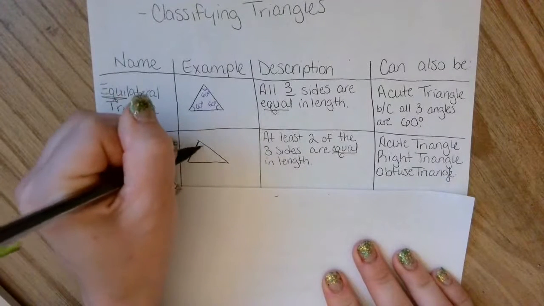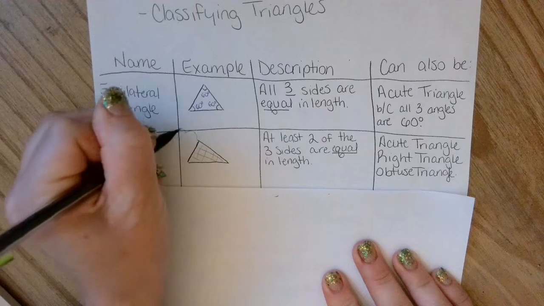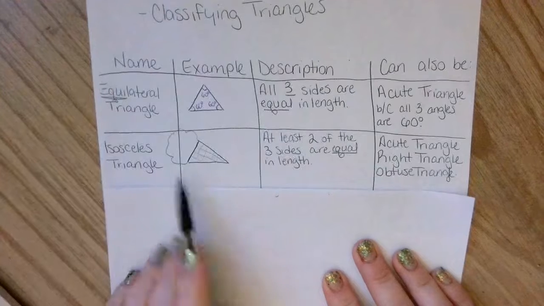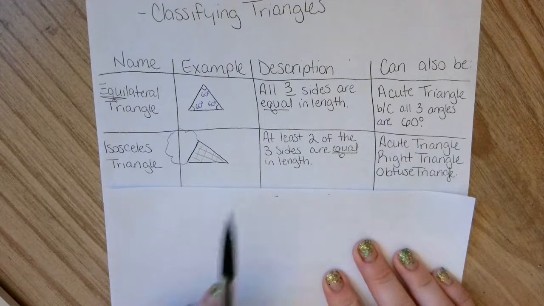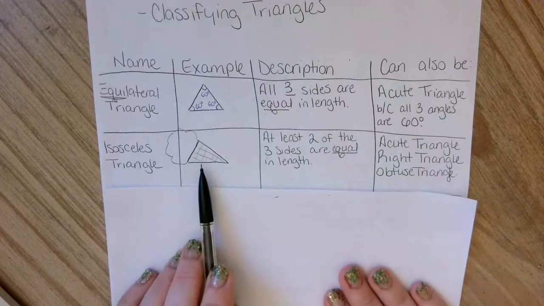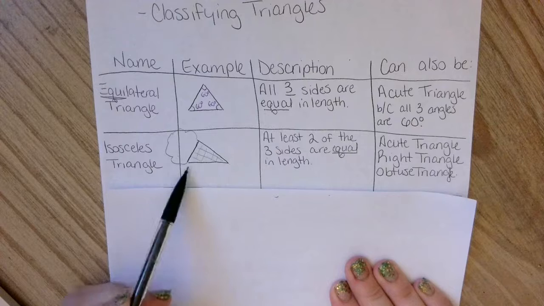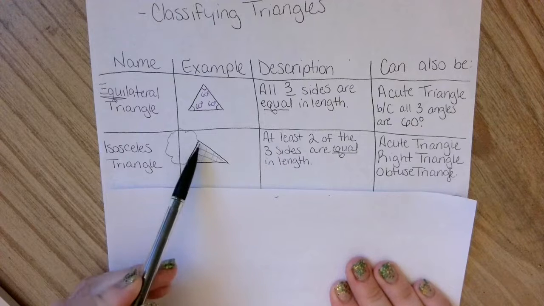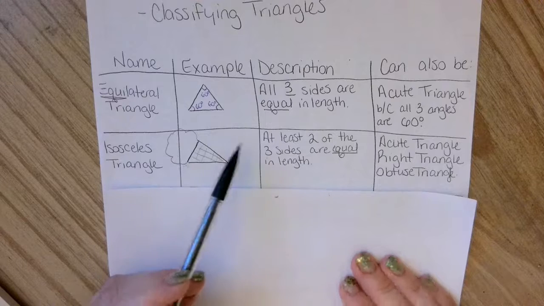If this is your cone right here, and then on top is your ice cream. So icicle equals ice cream. Kind of a funny way to remember, but it'll stick with you. So two of the sides are equal lengths. And mine, of course, is not drawn perfectly, but you get the idea.